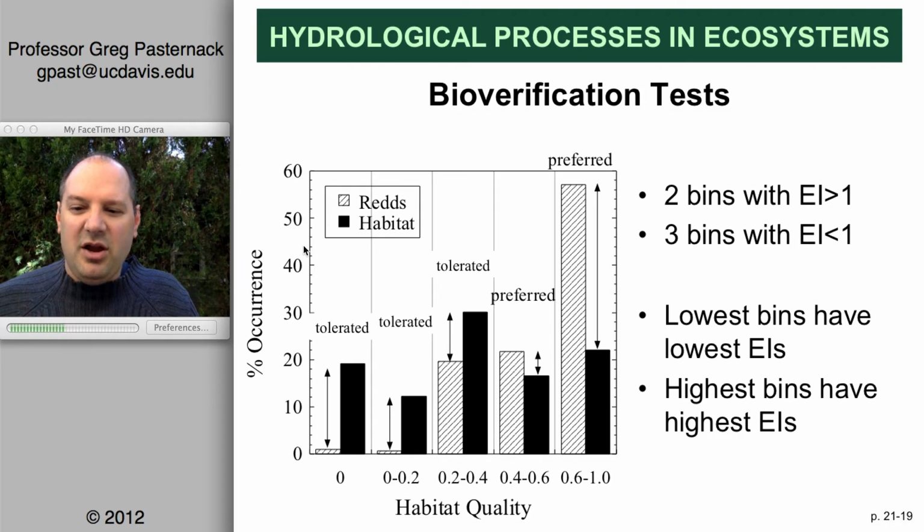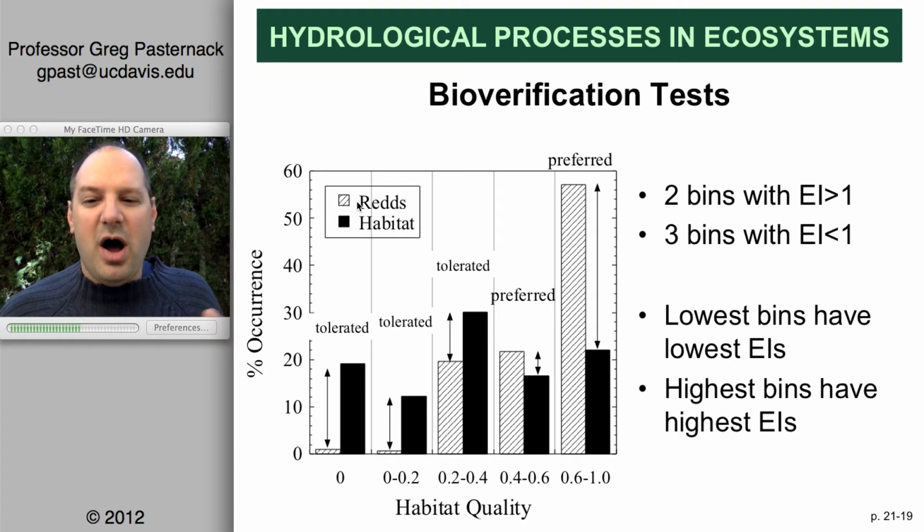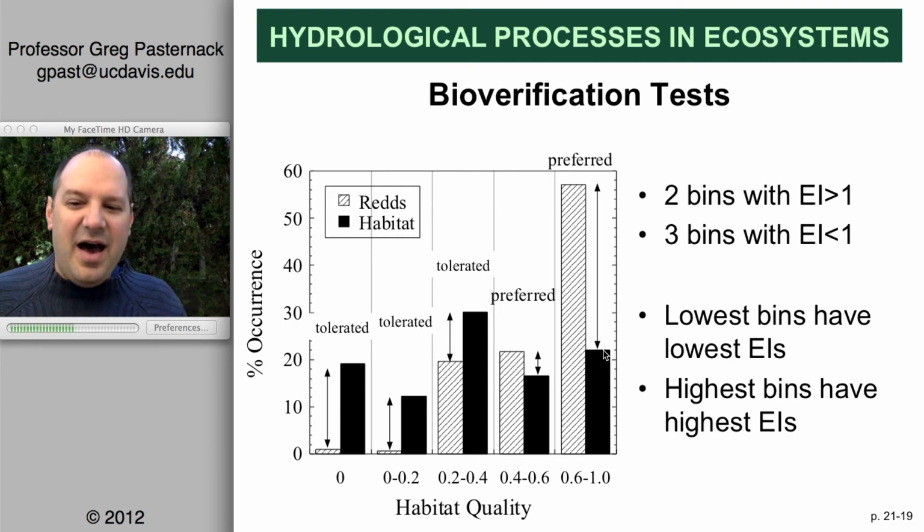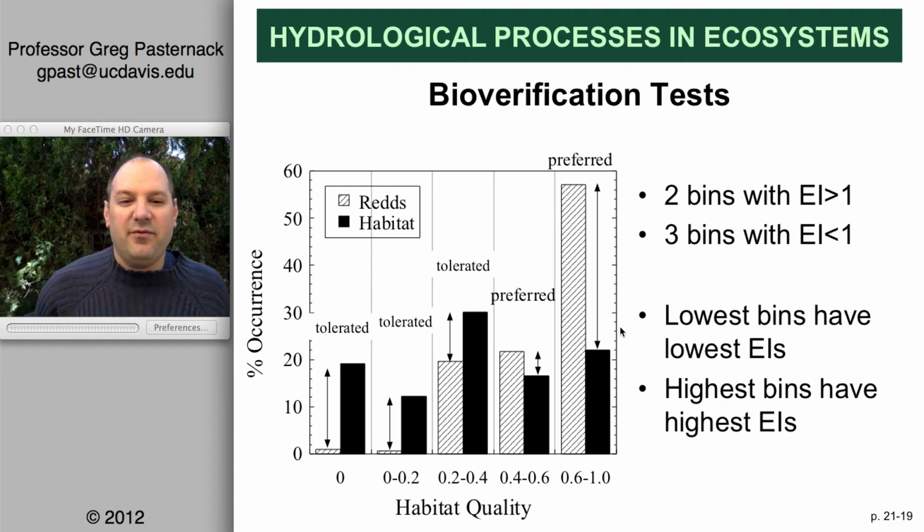The hatched bars are the percent UI, the black is percent AI, and i is just each one of these habitat quality bins. So if I look at the highest quality habitat, almost 60% of the redds occur in an area that has only about 20% of the area. So if I divide 58 by 20, I get almost 3 for my electivity index.